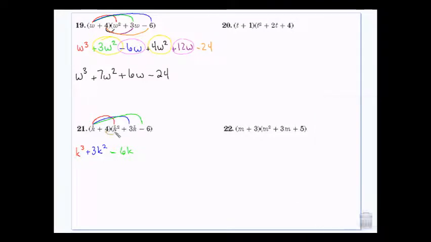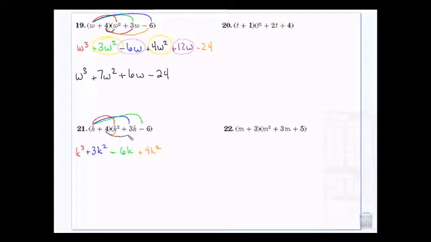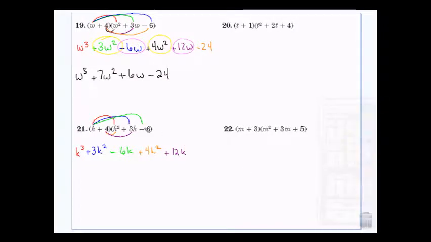Four times k squared, so 4k squared. Four times 3k, so 12k. And finally, 4 times negative 6, so negative 24.